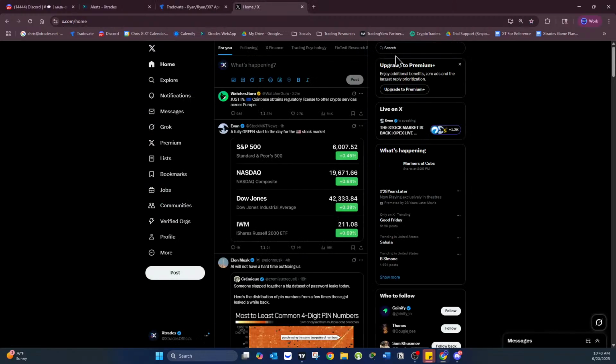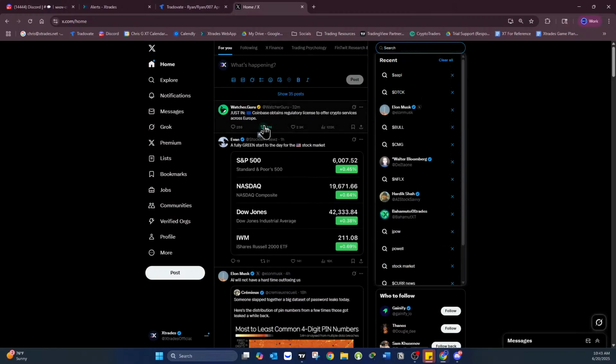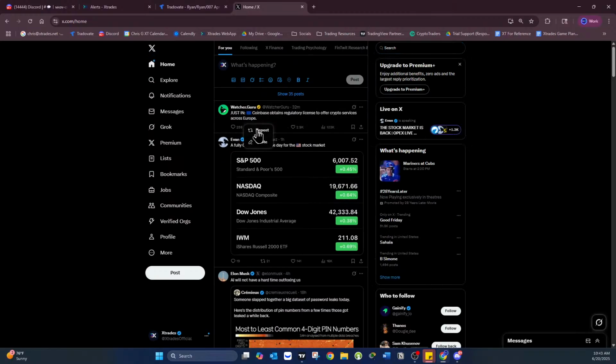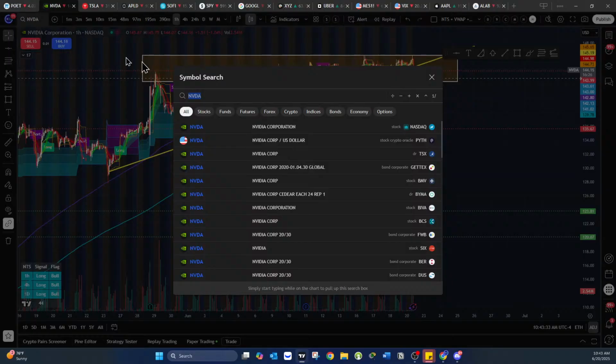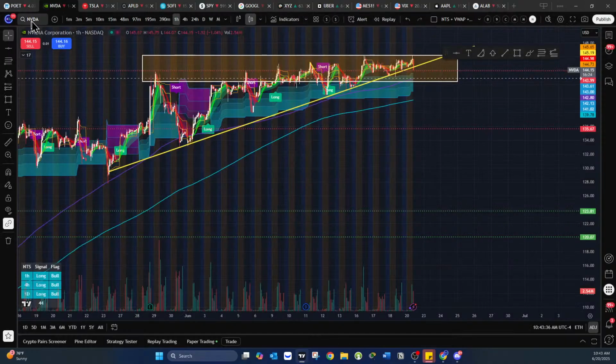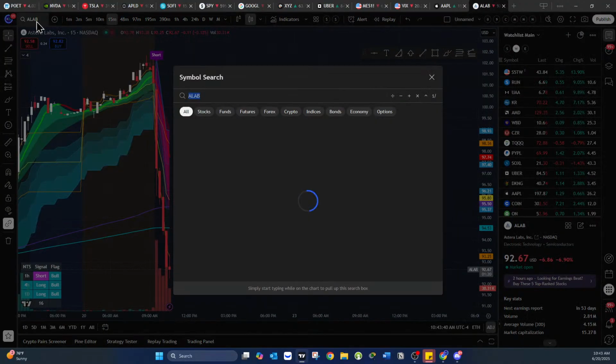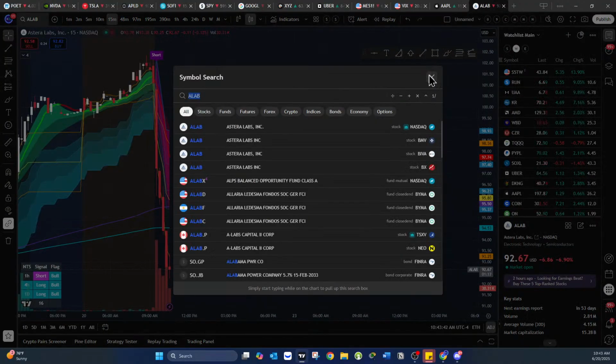Yeah, so let's search ALAB. I don't know what happened there. Wow, Coinbase obtains regulatory license to offer crypto services across Europe. That's huge. Is Coinbase pumping on that? Oh my god, ALAB is down even more now.